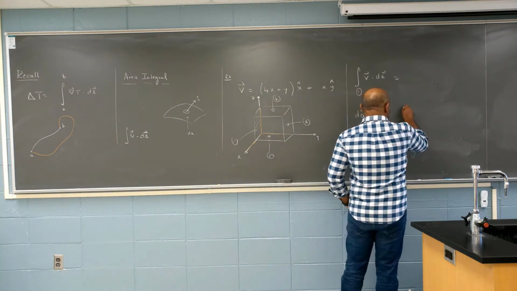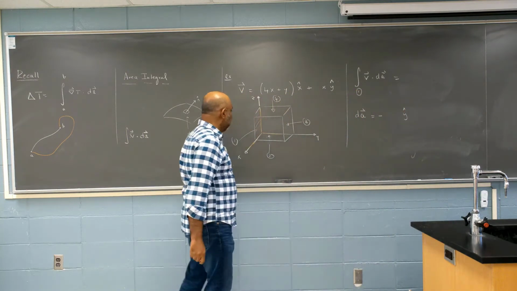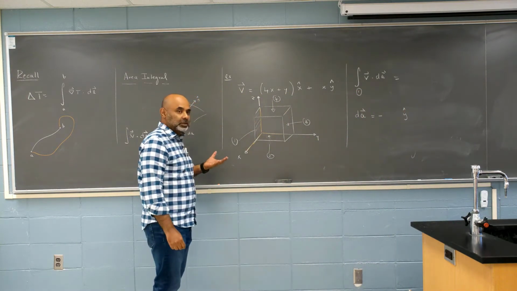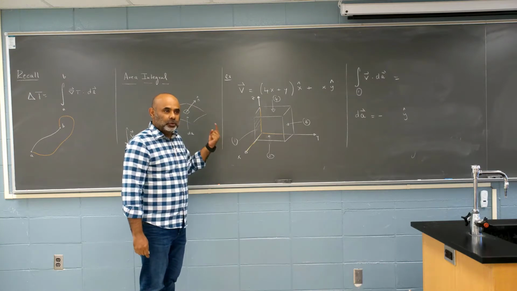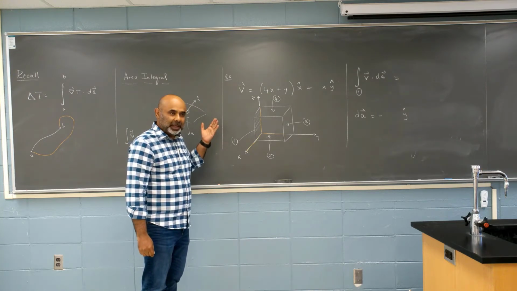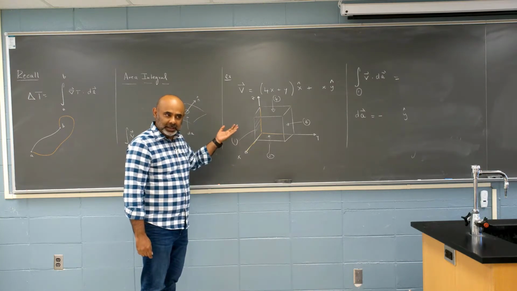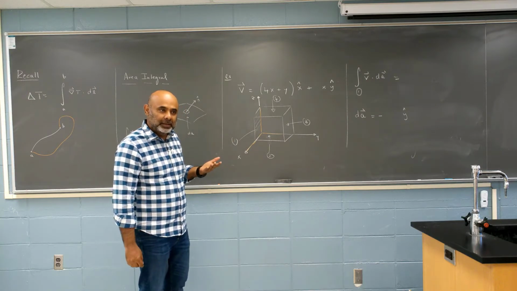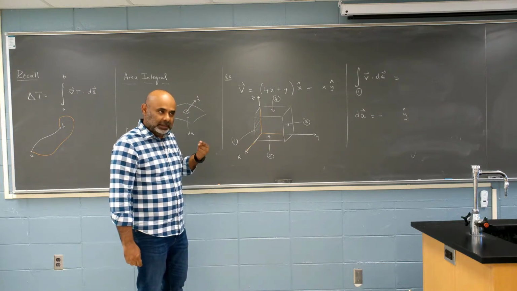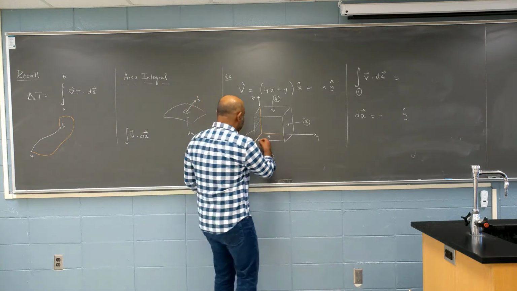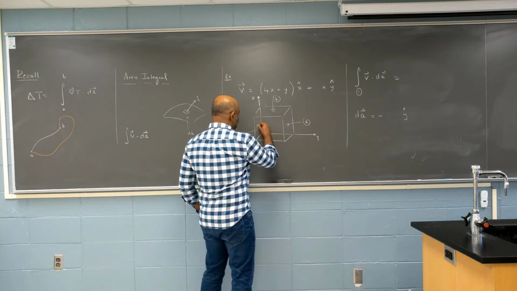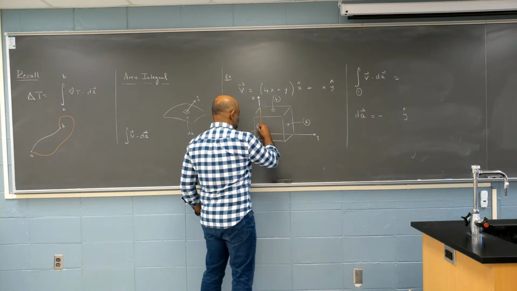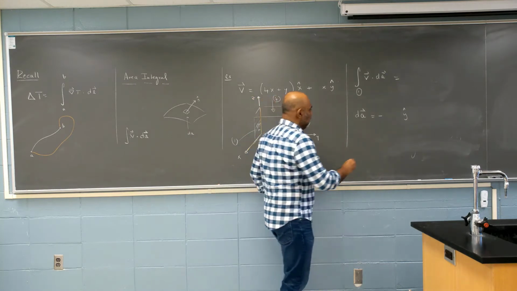Negative y hat. Now, what will the differential, its area, so what are the 2 axes along that plane? X and Z. So the differential would be dx and dz. So meaning if I pick a small little square over here, this is dx, this is dz.